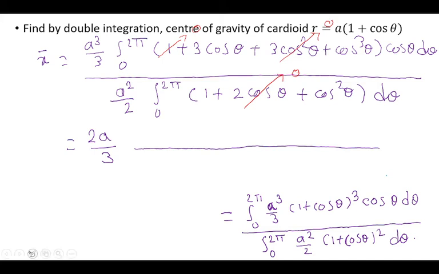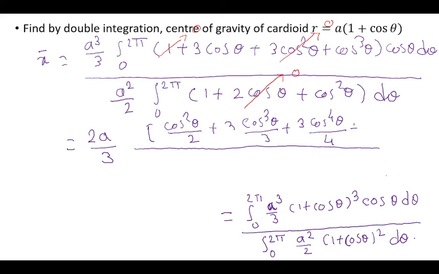So let me integrate this. If we integrate this, the integral of this cos theta I am multiplying here, and the integral of cos theta is cos square theta by 2, plus 3 cos square becomes cos cube theta by 3, plus 3 cos cube becomes 3 cos raised to 4 theta by 4, and cos 4 becomes cos raised to 5 theta by 5.